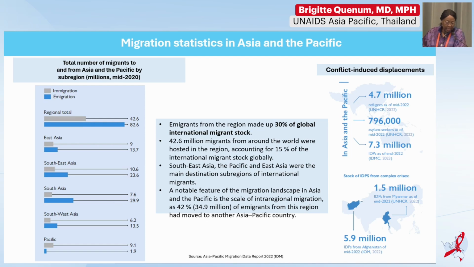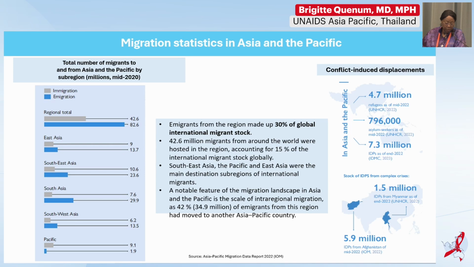So, I was mentioning the migration and displacement due to conflicts that include refugees, asylum seekers, and internally displaced persons. You see from the slide that it is remarkable that the Asia-Pacific region contributes to 30% of global international migration stock, with around 82.6 million people in the region who leave their host countries for work and other reasons.